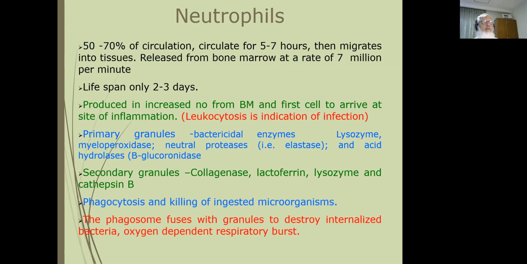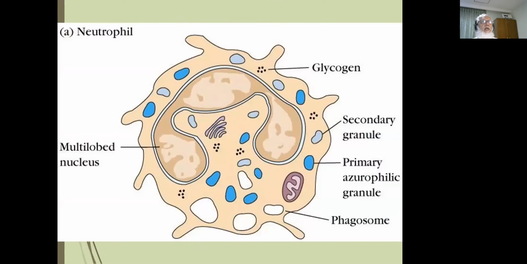The phagosome fuses with the granules to destroy internalized bacteria, and oxygen-dependent respiratory burst occurs. But they do not function as antigen-presenting cells. For antigen presentation, there are macrophages and professional antigen-presenting cells like dendritic cells.